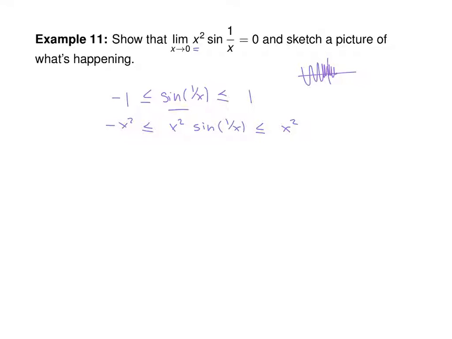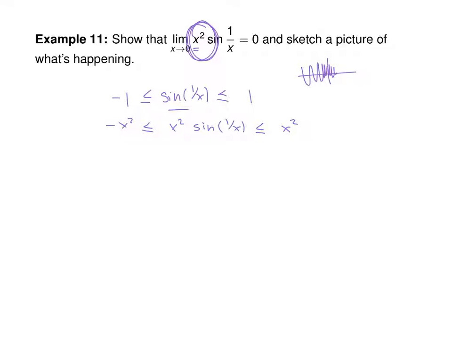No. I multiplied everything by the same thing, didn't I? That's going to preserve the inequality. Why did I choose x squared? What was present in my original function? The original function had x squared. I was trying to get that sandwiched between something.